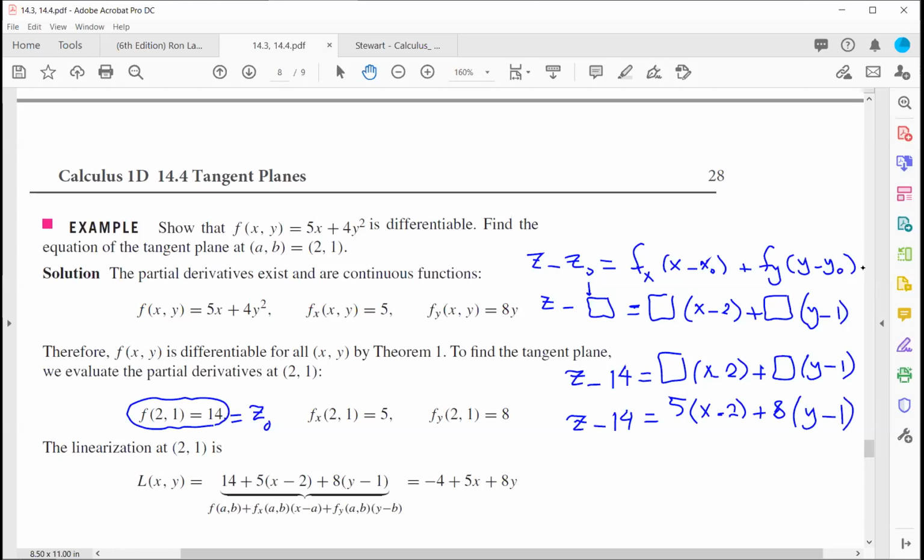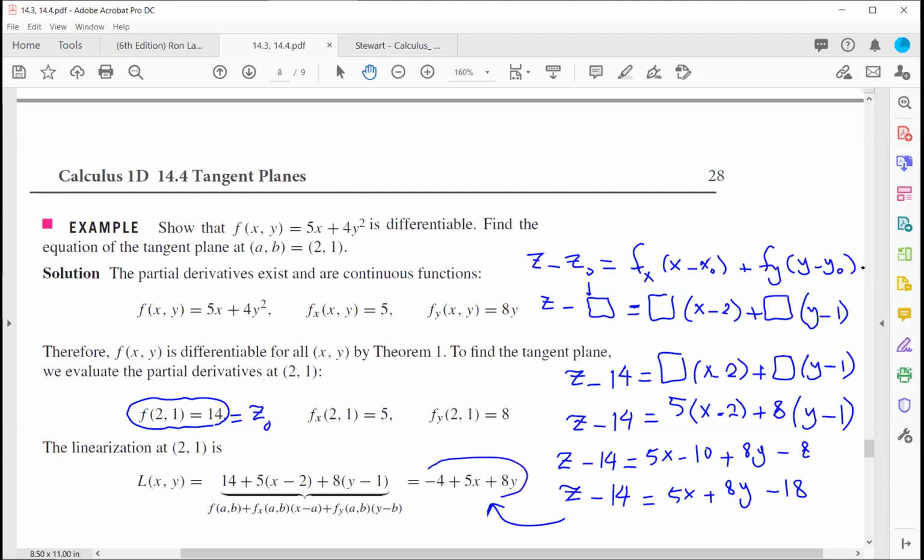Now let us write this in a nicer format. z minus 14 is equal to 5x minus 10 plus 8y minus 8. So z minus 14 is equal to 5x plus 8y minus 18. So your z is equal to negative 4 plus 5x plus 8y.